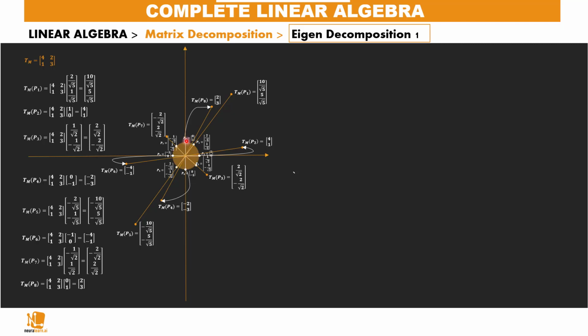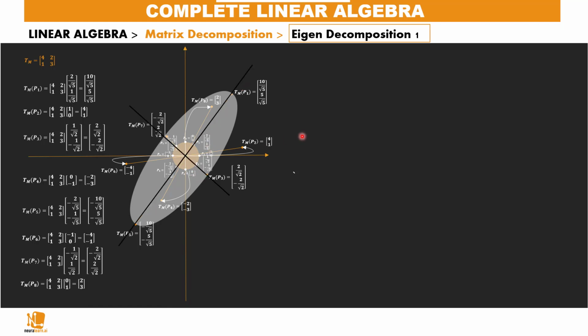So, considering this unit circle, we see that this transformation with this transformation matrix actually stretches out this unit circle 5 times in this direction and twice in this other direction. So, we see how this notion of eigenvectors and eigenvalues can help us stretch space in a particular direction.